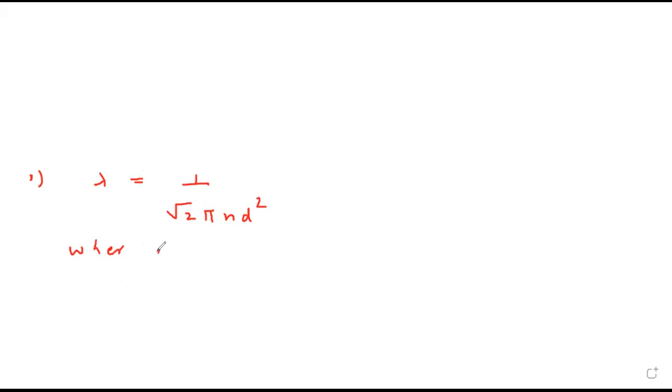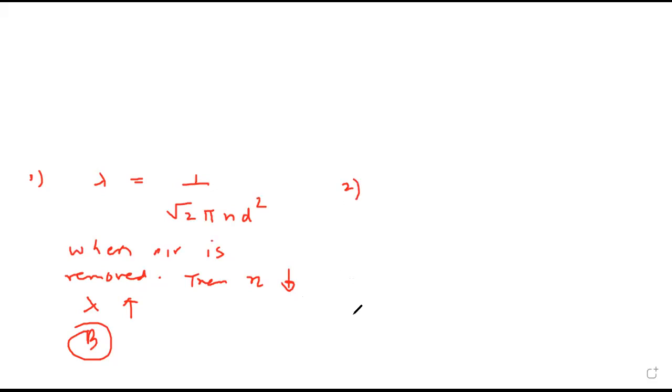When air is removed, then the number of molecules per unit volume, that is n, decreases. So mean free path will increase. So option B. When air is removed, the number of molecules per unit volume decreases, therefore mean free path increases.